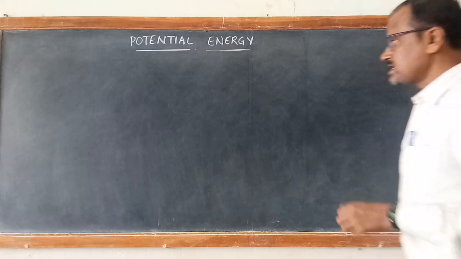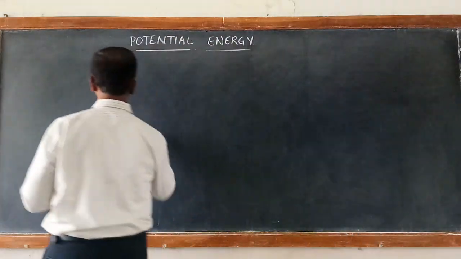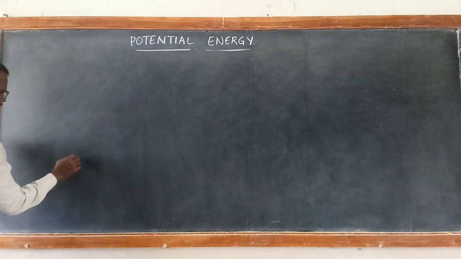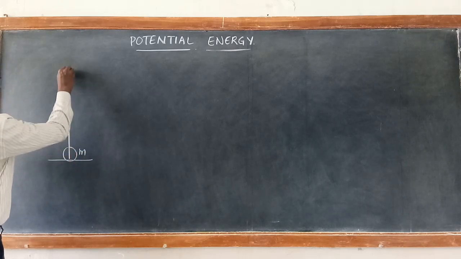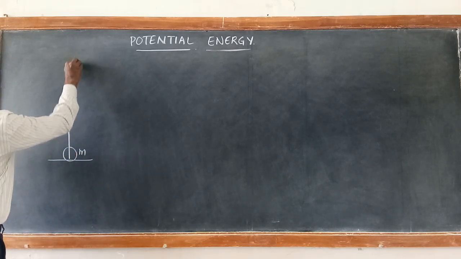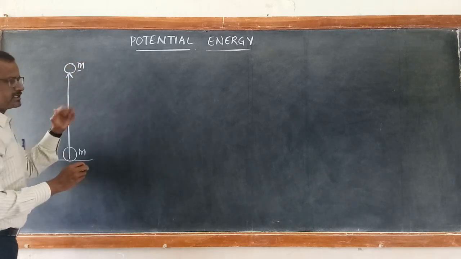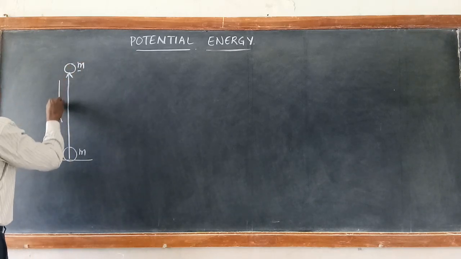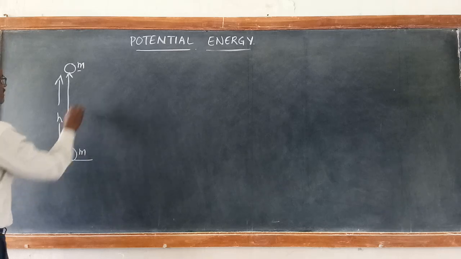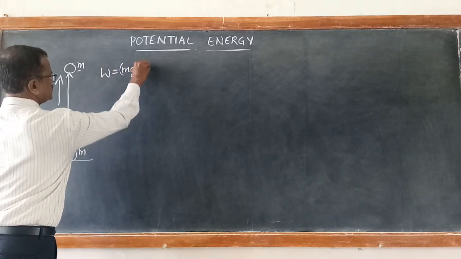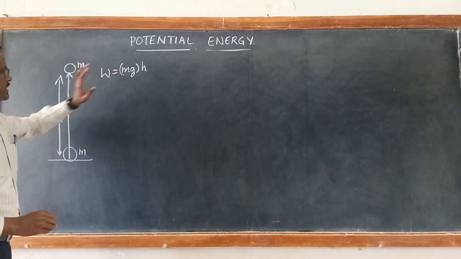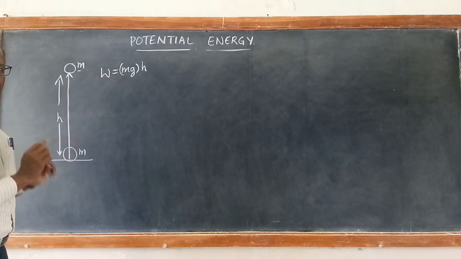Okay, let us see the example of gravitational potential energy. Just now I have said, if an object of mass m is raised to a certain height h, then the work done by the external agency is W = mgh. In this situation, we have assumed that the acceleration due to gravity is constant.